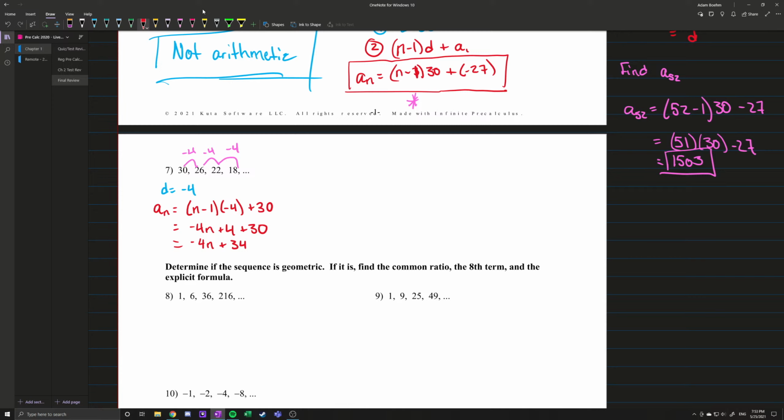Both those are fine, right? So you can stop here if you want, but if you want to get down to here, you can. And then the last part is to find the 52nd term. Plug that into a calculator. You get negative 174.